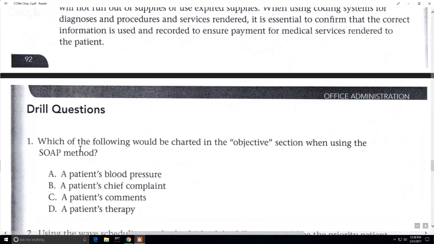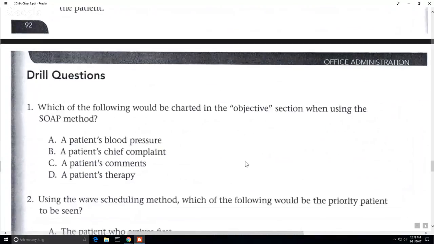Okay, which of the following would be charted in the objective section when using the SOAP method? What's SOAP? I forgot SOAP. It is a method.